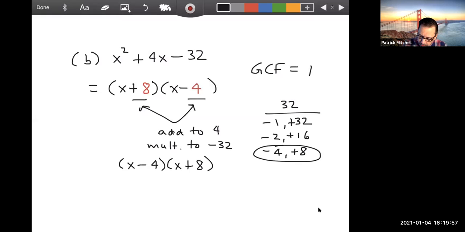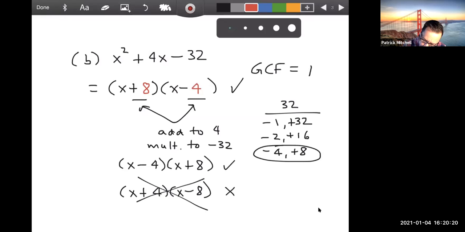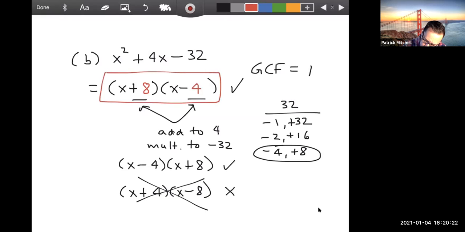It would not be the same to write x plus 4, x minus 8, because when you multiply that together, it would give you x squared minus 4x minus 32, which is not the same thing. So this is okay, this is okay, this is not okay. All right, so I'll just go ahead and box up my first answer, I guess. Yeah, we'll box up this one too. That one's fine. All right.